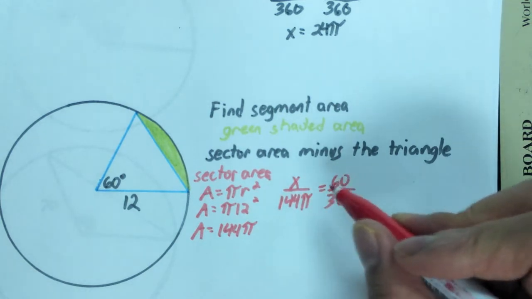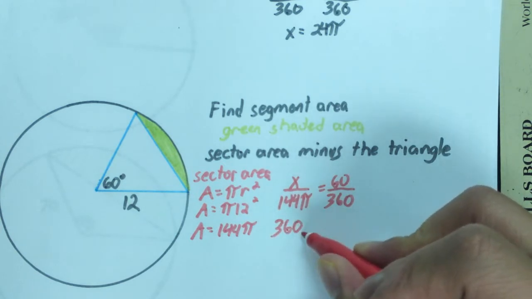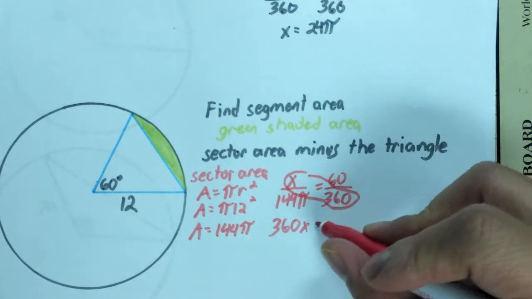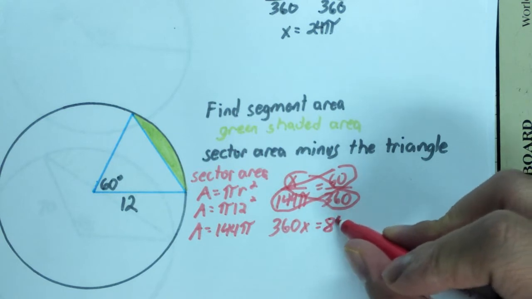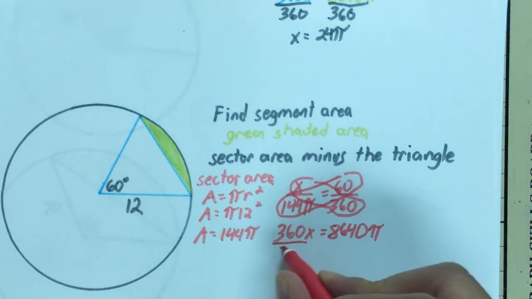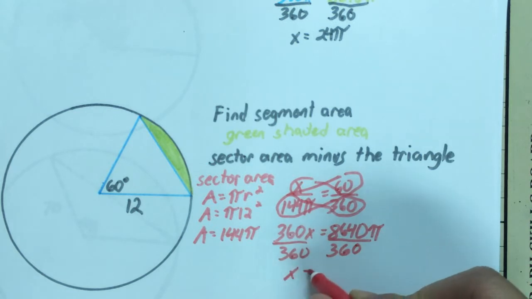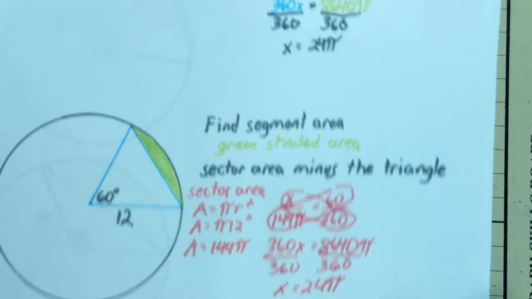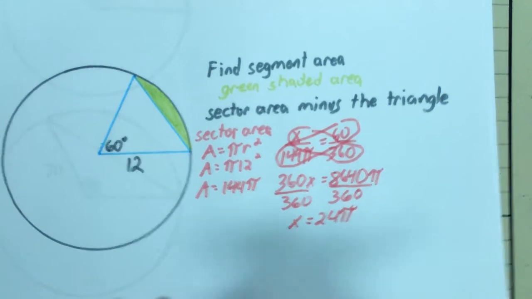Cross multiplying and solving, x times 360 gets me 360x, and then 60 times 144 gets me 8,640 pi. Last step, divide by 360. x equals 24 pi, which is the exact problem I have up here. So that's sector area.